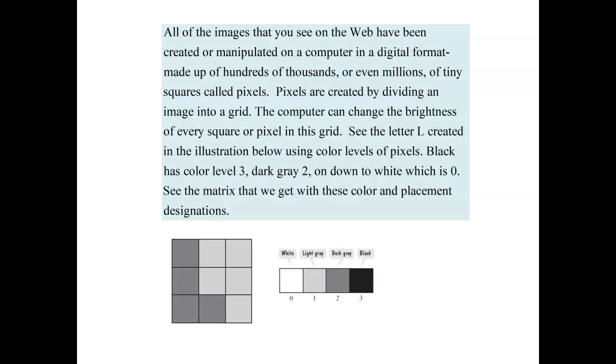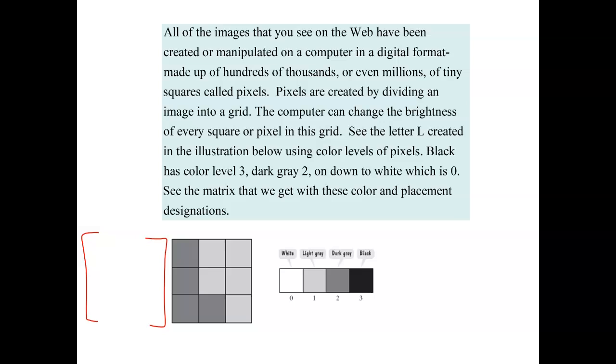All right? So if I have this grid of gray squares, and I have numbers that the computer associates with each square, 0, 1, 2, and 3, for white, light gray, dark gray, and black, I can represent this in a numerical matrix. Okay?